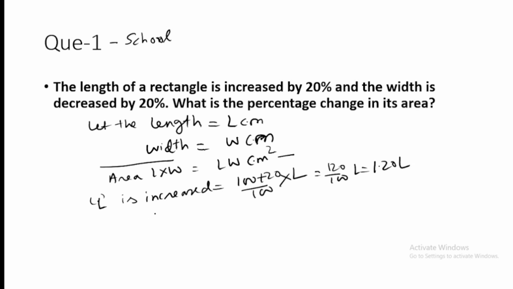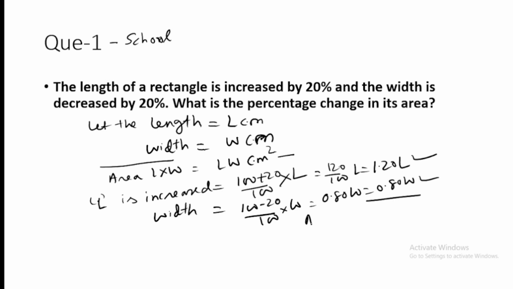Similarly the width, but the width is decreased, so instead of plus you will get a minus sign here. 80 by 100 multiplied by W, so you get 0.80 W. This is the new width.